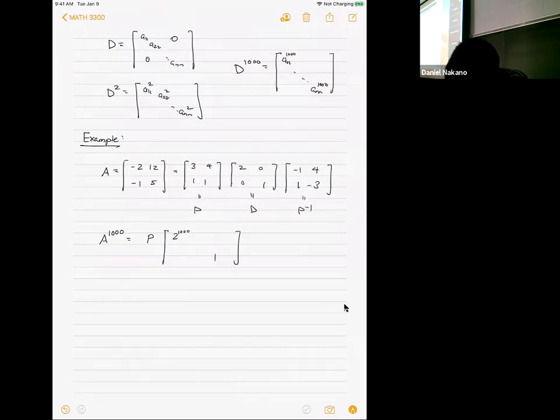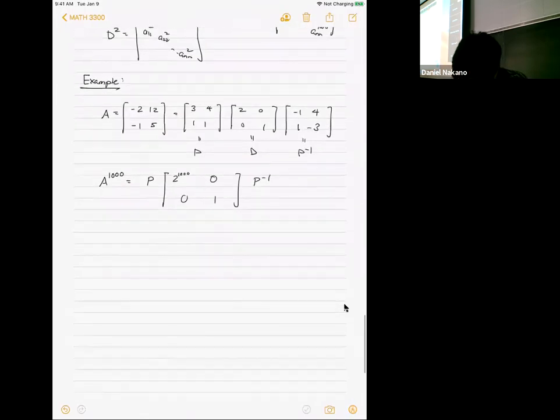So 1 to the 1000th is just 1, okay? And then P inverse. And if we want to write everything out, we can. [3, 4; 1, 1], 2 to the 1000th, 1, and then I'll just write the other matrix in.